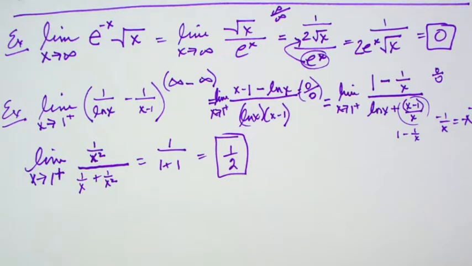Can you separate the limit from the beginning and work with them individually? Does it work like that? Yes, but you're still going to get infinity minus infinity.